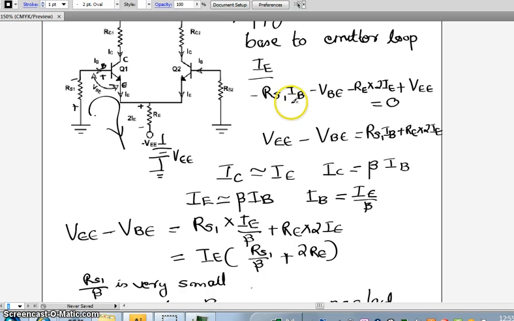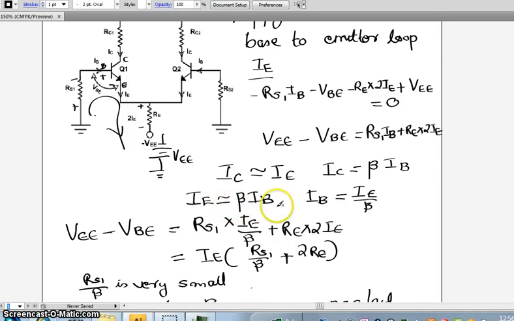After readjusting the equation, take this to the right side, we can write this, and as we know IC is almost equal to IE and IC is equal to beta times IB. So IE is also almost equal to beta times IB.